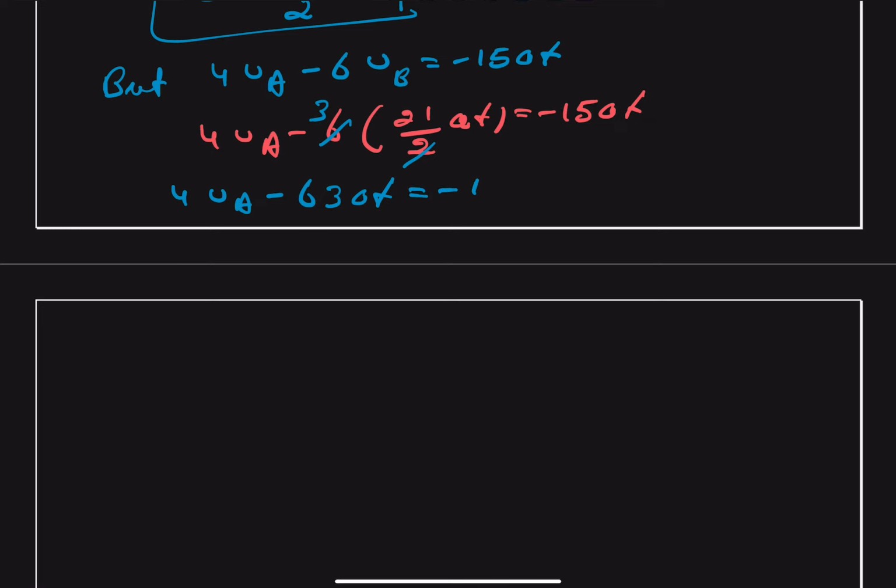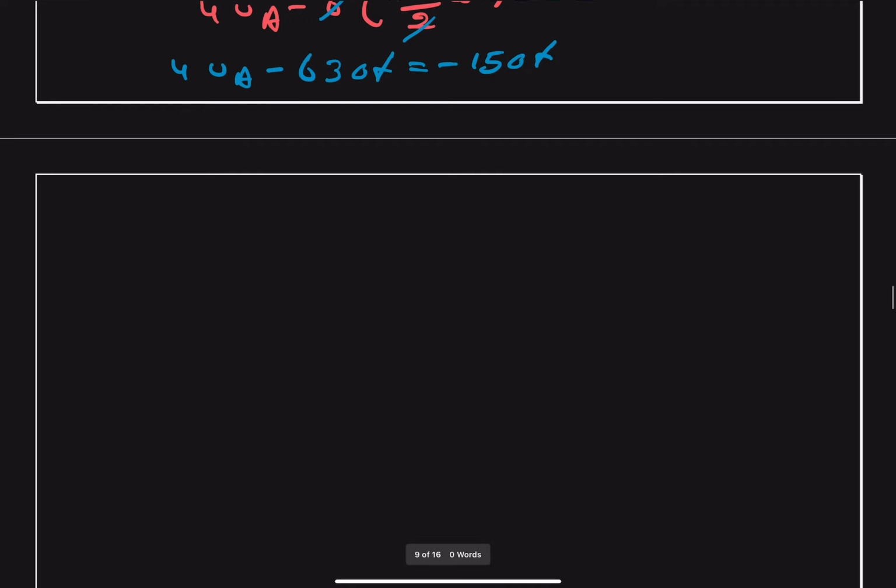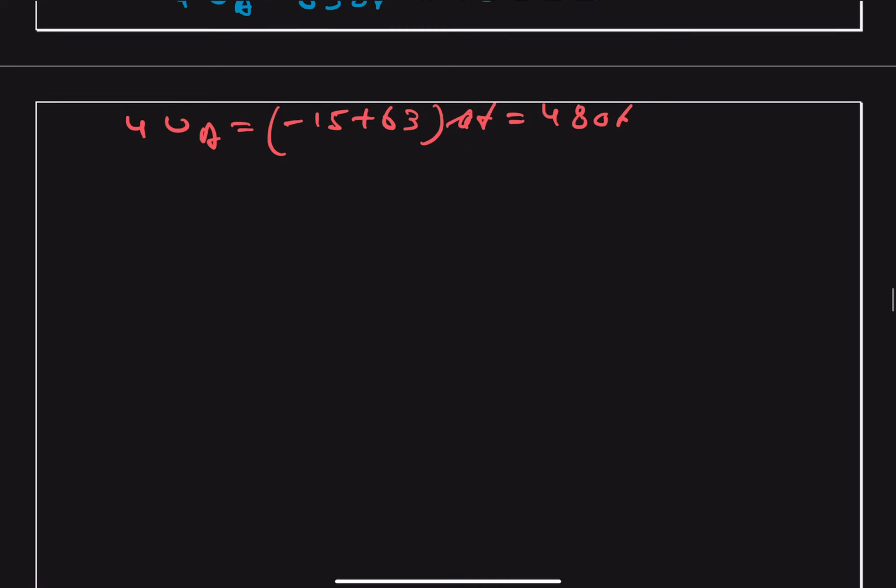We are almost done with the question now. So here we get our 4VA will be equal to minus 15 plus 63 at, which is coming as 48 times at. So VA will be equal to 48 divided by 4 times at, and that is equal to 12 times at.